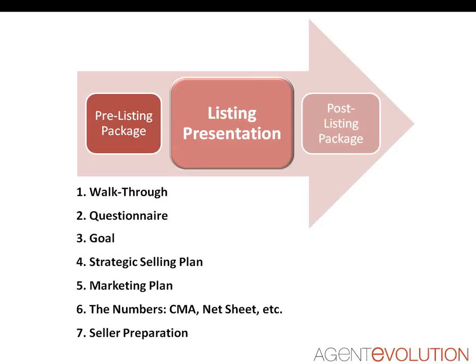And I think I should mention here too that these different components or modules can be delivered at different times. It doesn't have to be exactly in this flow. This may be my suggestion, but you may find that it works better to deliver your marketing plan right up front and hold off on the strategic selling plan. So just remember to, again, bring in your own personality and flavor to this.